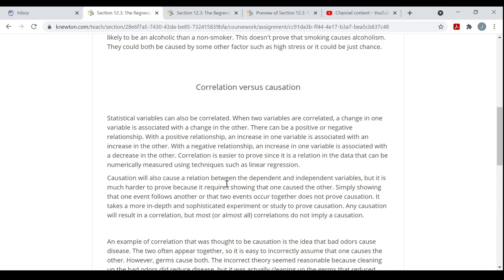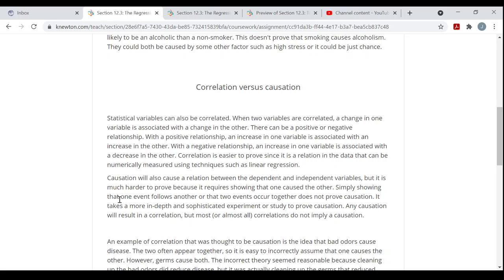Causation does imply correlation, but not the other way around. Correlation does not imply causation. But it is much harder to prove causation because it requires showing that one caused the other. There are guidelines as to how you legitimately show that one variable caused another to happen.